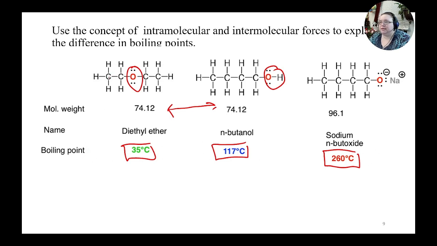Yes, that's a polar bond, but it's O attached to a C, and it's a balanced C. It's symmetrical because on both sides they look exactly the same. So we don't have dipole-dipole interaction. We don't have hydrogen bonding because H isn't attached to an N, an O, or an F. What we do have is London dispersion.